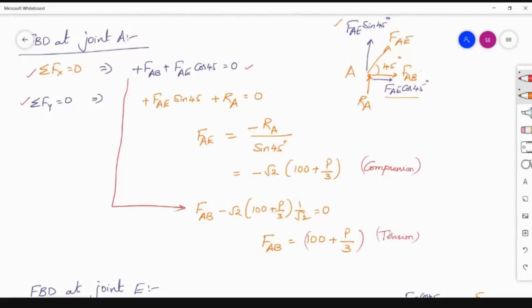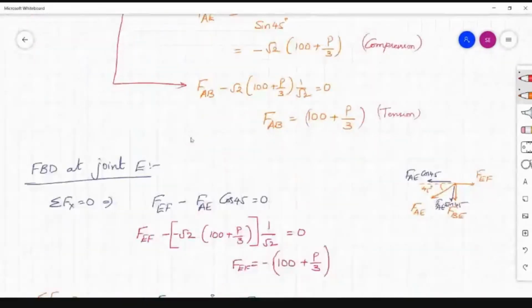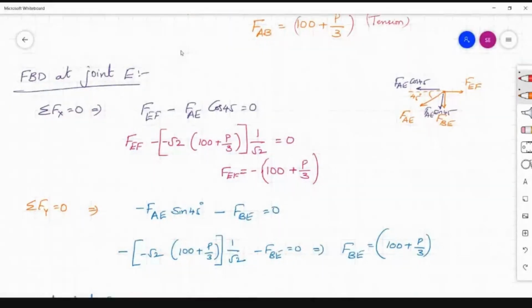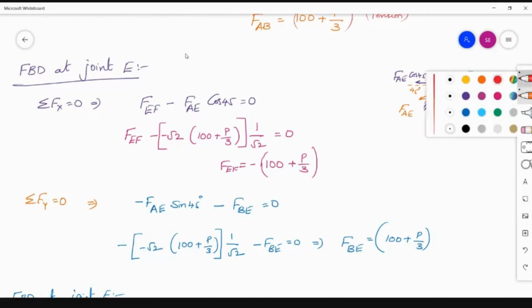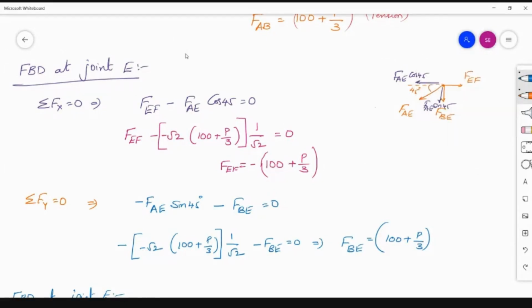After getting the free body diagram at joint A, move to joint E. So at joint E, here forces are FAE, FBE, FEF. This inclined force FAE is resolved vertically as well as horizontally. FAE cos 45, FAE sin 45.